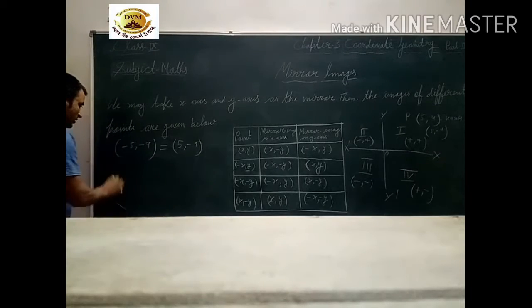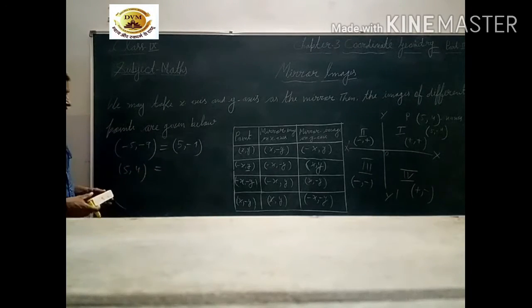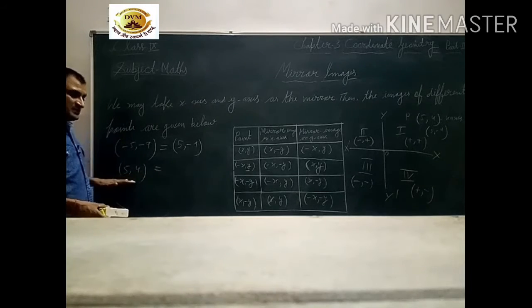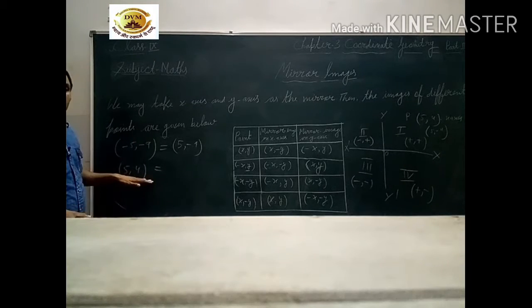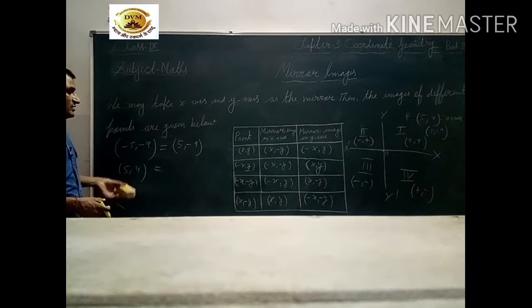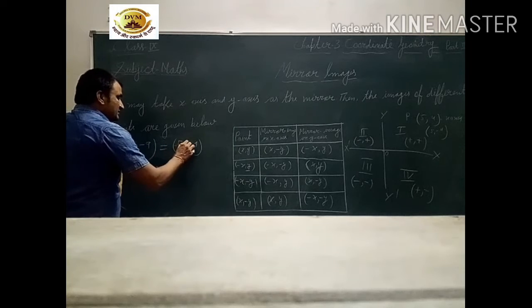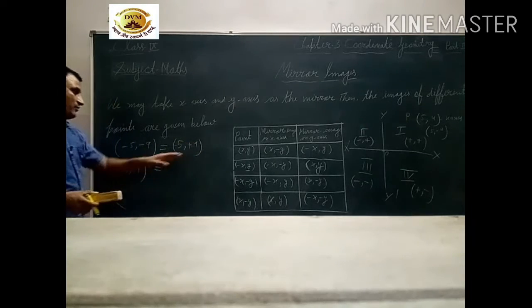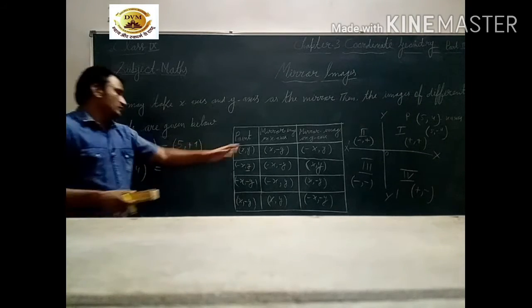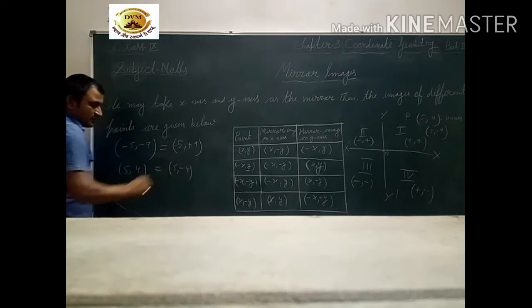Clear? Now 5 comma 4, we have to see the mirror image of point 5 comma 4 in x axis. X axis means we have to change the sign of the y coordinate. Okay, now here 5 comma minus 4.